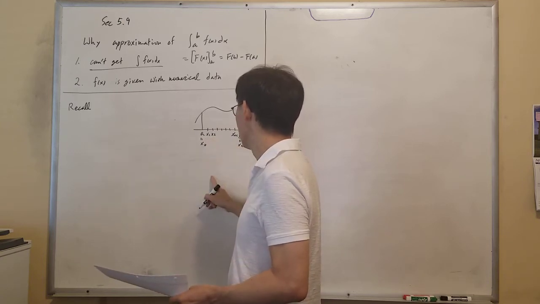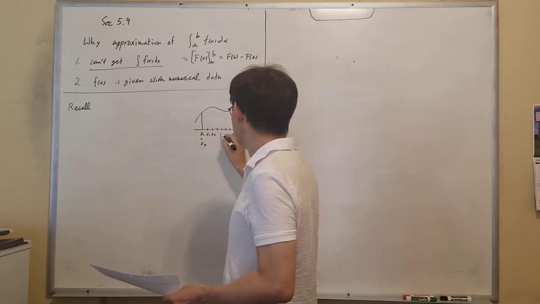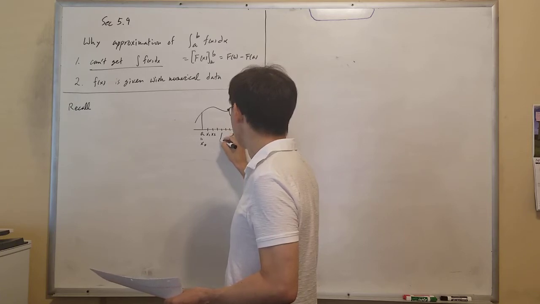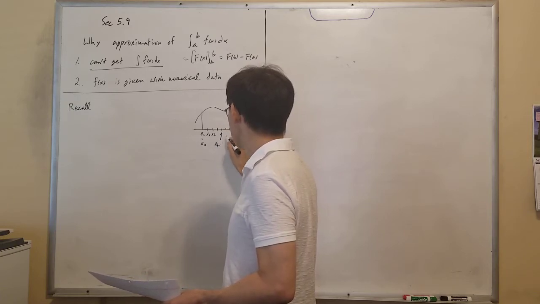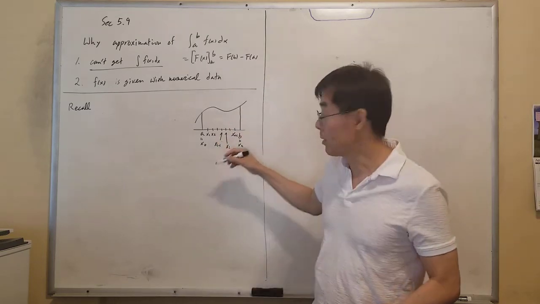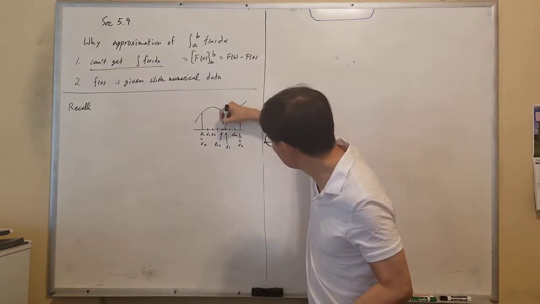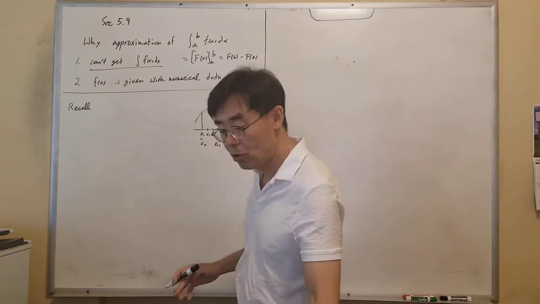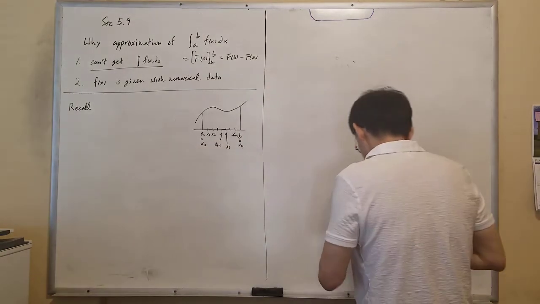Say this is xi minus 1, this is xi, there will be the ith interval, and we choose a sample point.